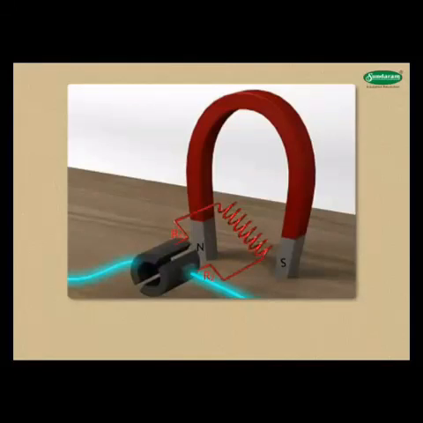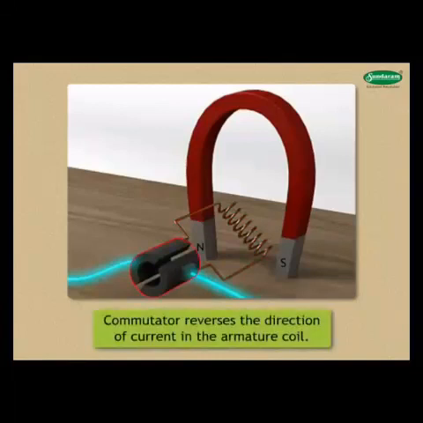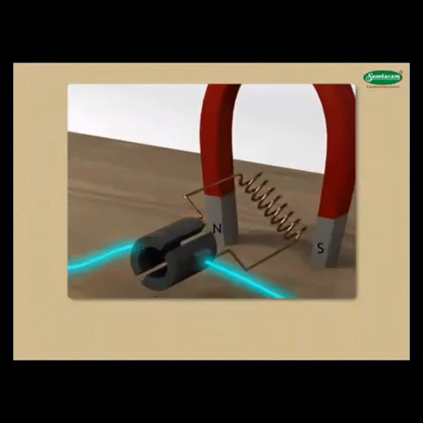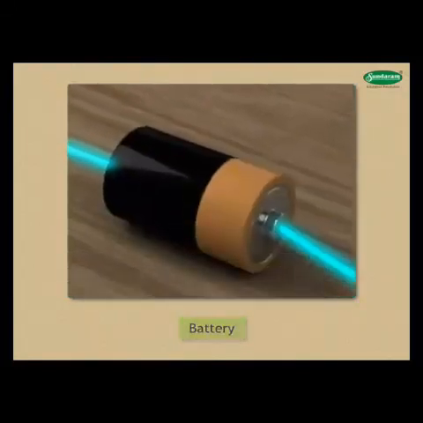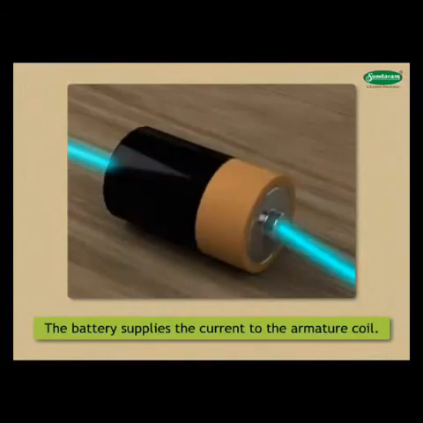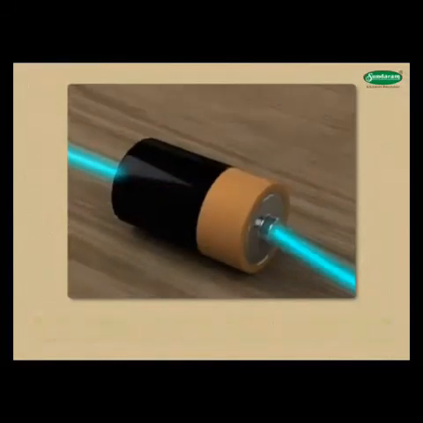The ends of the armature coil are connected to these rings. Commutator reverses the direction of current in the armature coil. Brushes. 2 carbon brushes, B1 and B2, are used to press the commutator. Battery. The battery supplies the current to the armature coil.